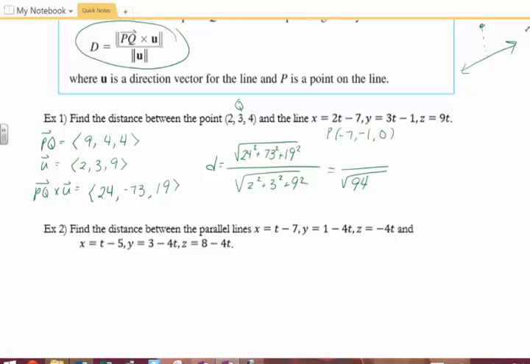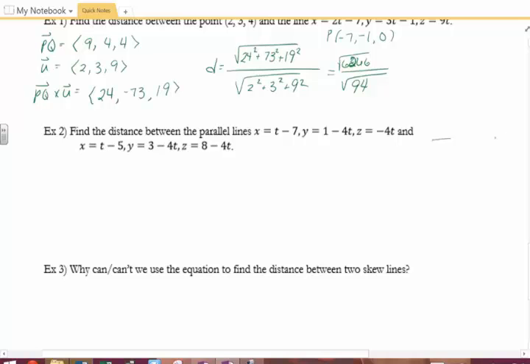If I thought about it long enough I could do that in my head, but I don't feel like it because I'm recording this early in the morning and I don't trust my math right now. So there's your distance between your point and your line.